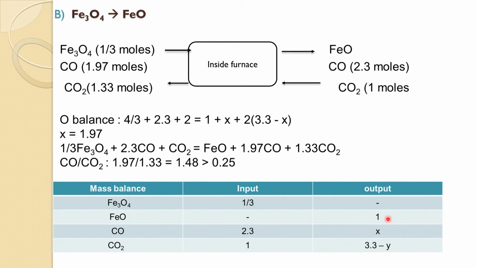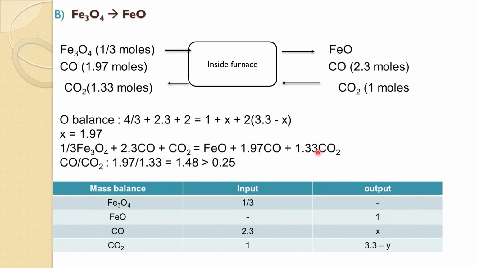So, if we do the oxygen balance for Fe3O4, then 2.3 into oxygen plus 2 equals 1 oxygen plus x plus 2 into (3.3 minus y). If we do this balance, we can get the value of x.